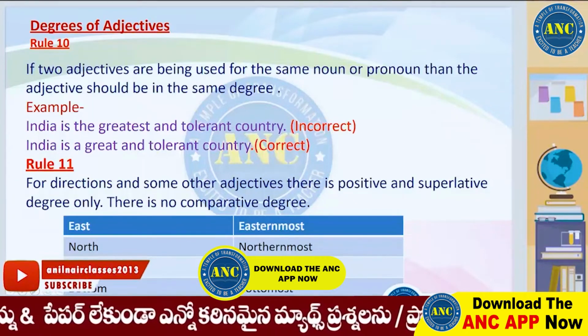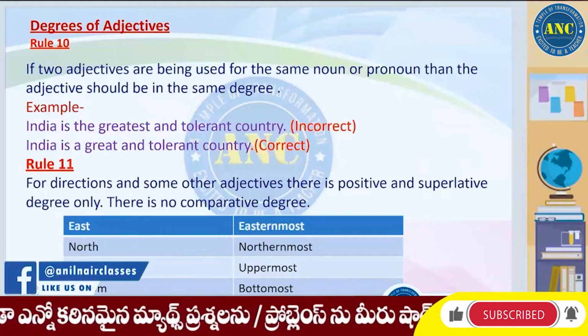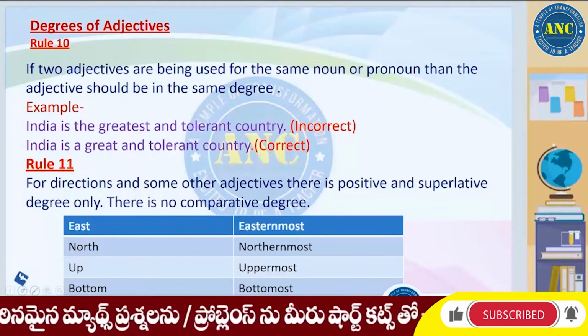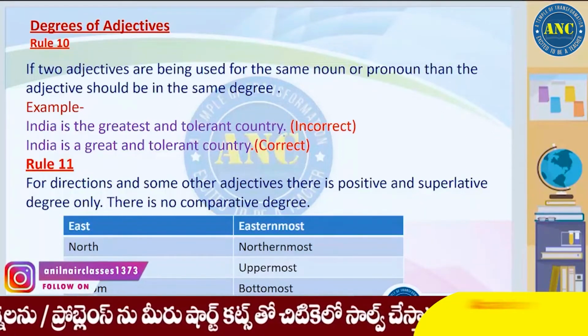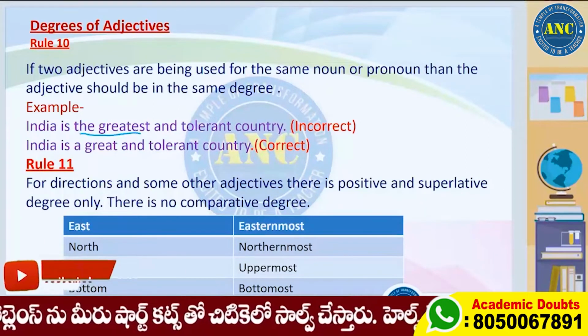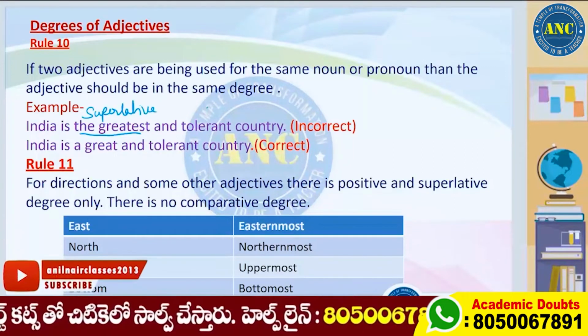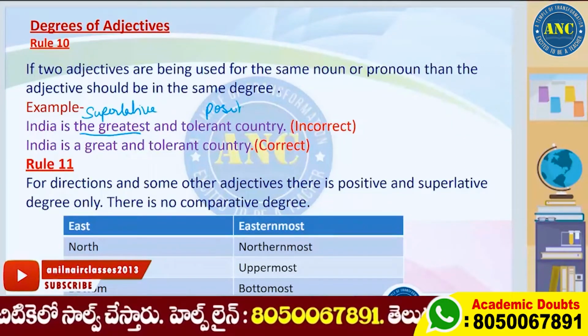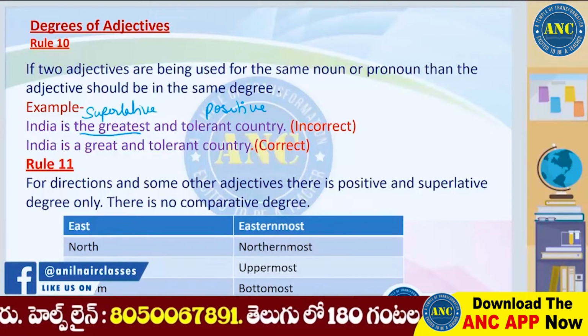We cannot have a mixture of two different degrees of adjective for one noun or pronoun. Let's see the example. India is the greatest and tolerant country. Now greatest is superlative degree and tolerant is positive degree. How can we have a mixture of degrees for adjectives, one superlative, one positive?